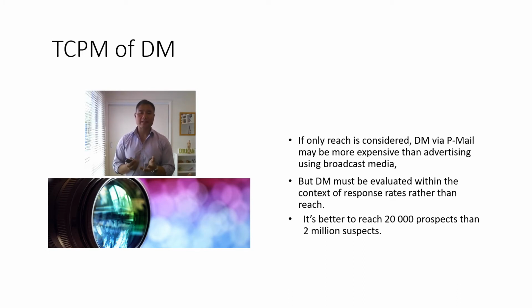And so the old saying is that it's better to reach 20,000 prospects than 2 million suspects. This is a bit of a jab at mainstream traditional advertising. You might be spending $100,000 to reach 100,000 people, and so your cost per thousand is going to be relatively low. But you might be spending $100,000 to reach only 1,000 people in direct marketing, so the cost per thousand seems really high.